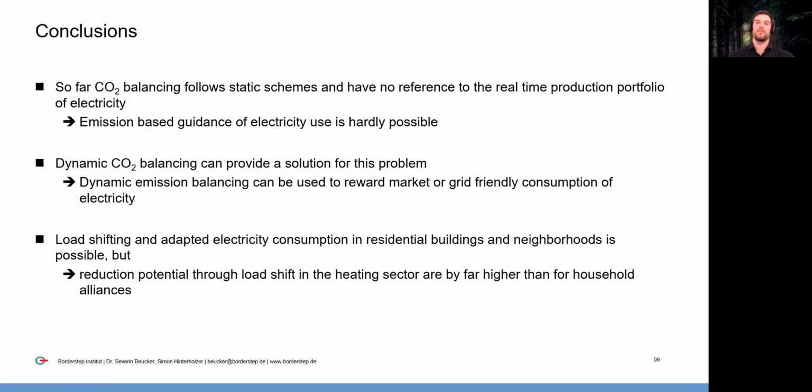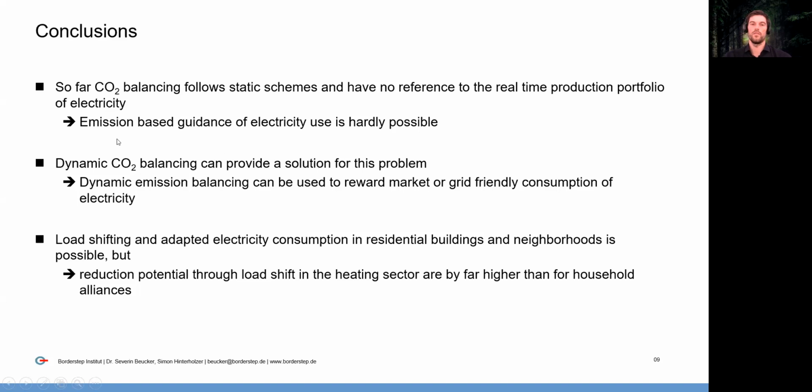Our conclusions from the calculations were that traditional balancing schemes with static CO2 factors can give no guidance for electricity use because they just don't reflect the energy production side, which is in our eyes quite important to have the dynamic situation in the electricity production also reflected for CO2 balancing.